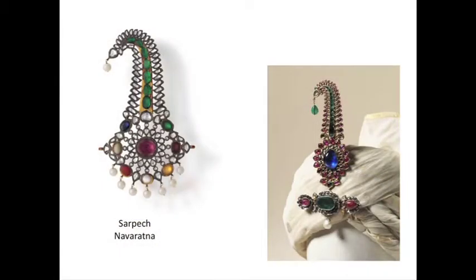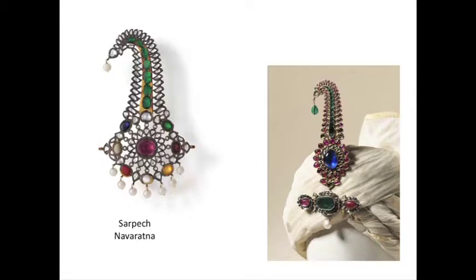Okay, we're going to move on to another sarpech. This is a Navaratna, which involves 9 auspicious jewels corresponding to the sun, the moon, planets.